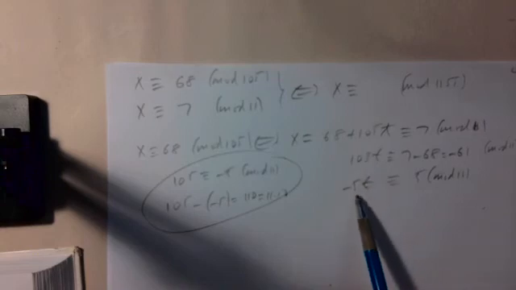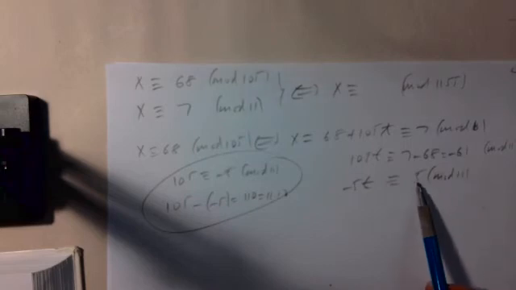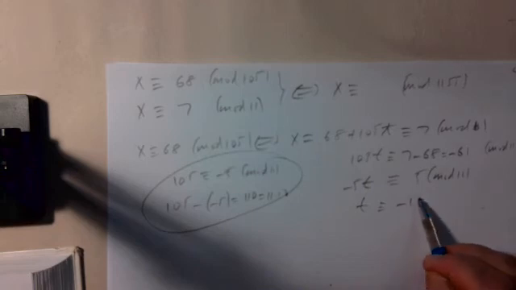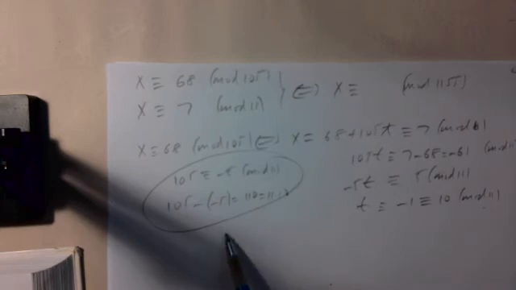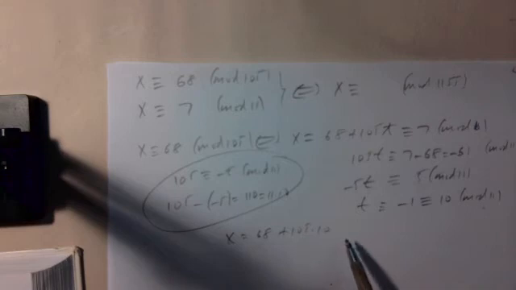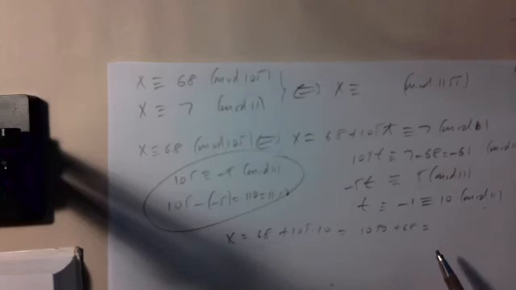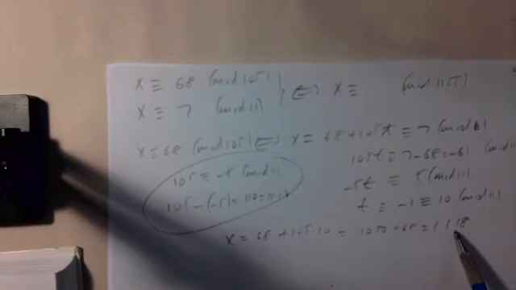So 105 is the same as minus 5 mod 11. Minus 61 is the same as 5, which means t is congruent to minus 1 or 10 mod 11. So x is 68 plus 105 times 10, which is 1050 plus 68, which, if I've done my arithmetic right, you never know, is 1118.